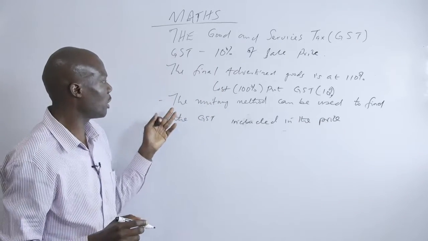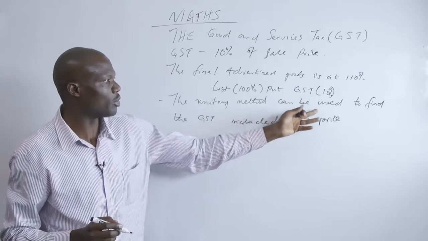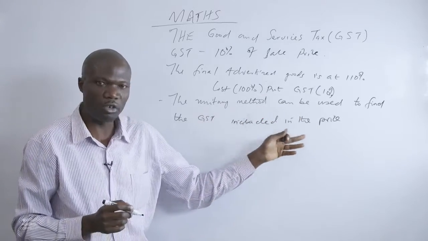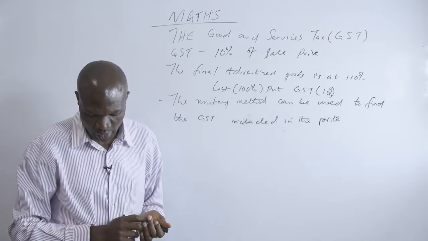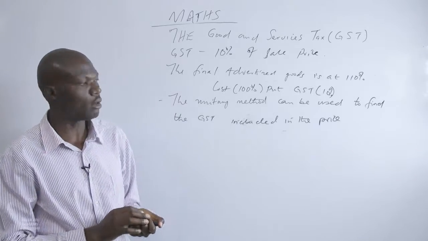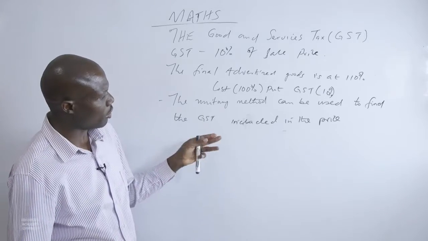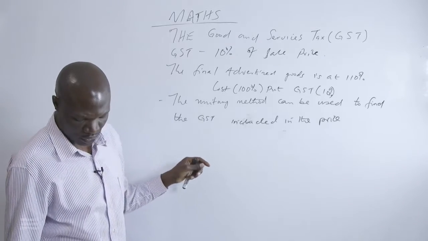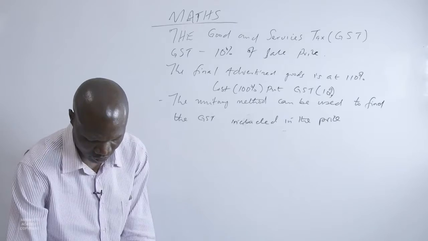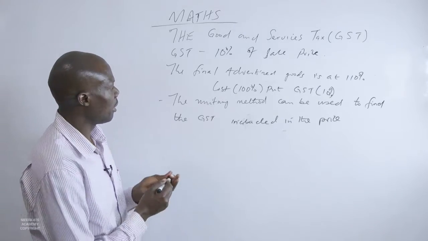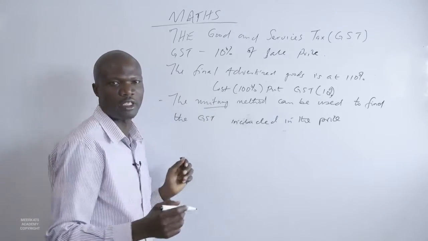The unitary method can be used to find the GST included in the price of a commodity or an item. This word unitary simply means one.